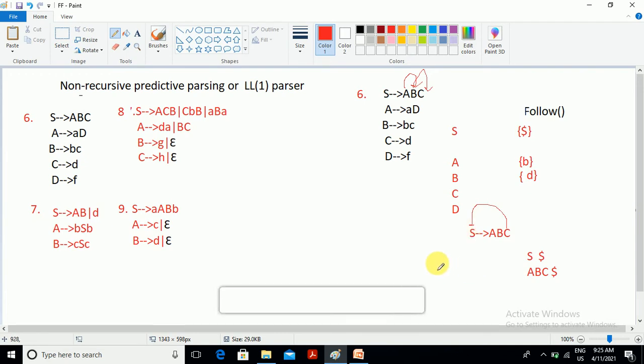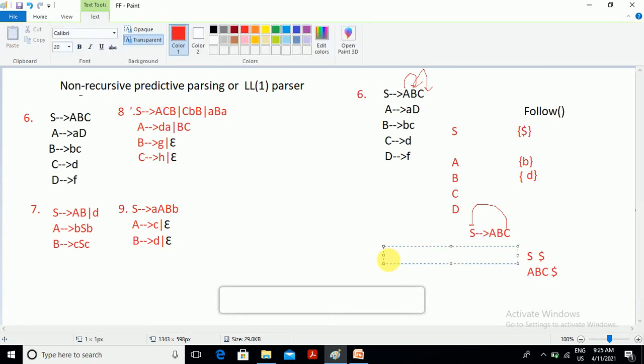So here you remember, if any character is the last one in the production, then their follows will become follows of the production variable.